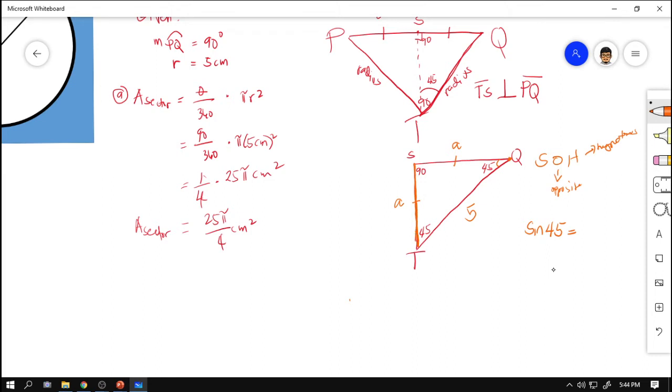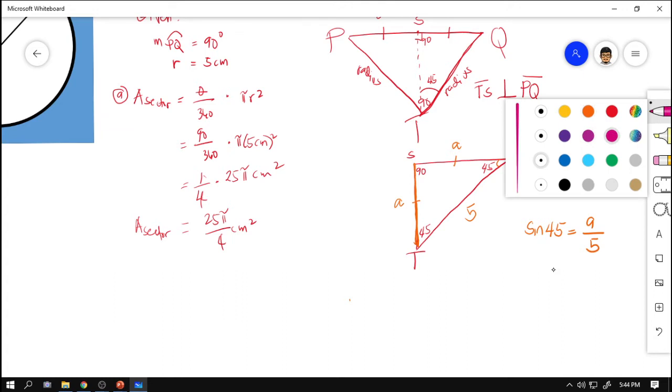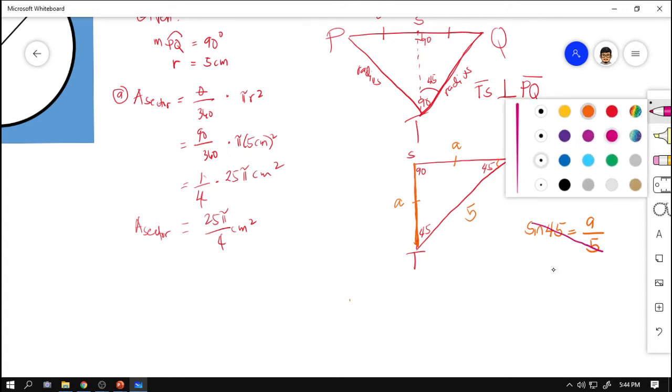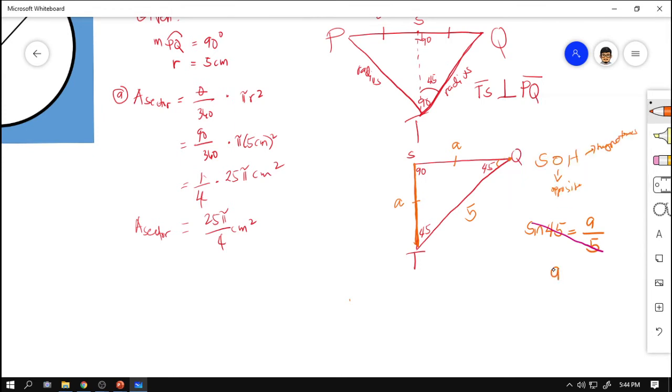Ang sukat niya ay A. So, that is A over, ang hypotenuse natin ay 5. Okay? Now, let's solve for A. Yan, magsasama silang dalawa. So, A is equal to 5 sine 45. So, yun ang sukat ni A.